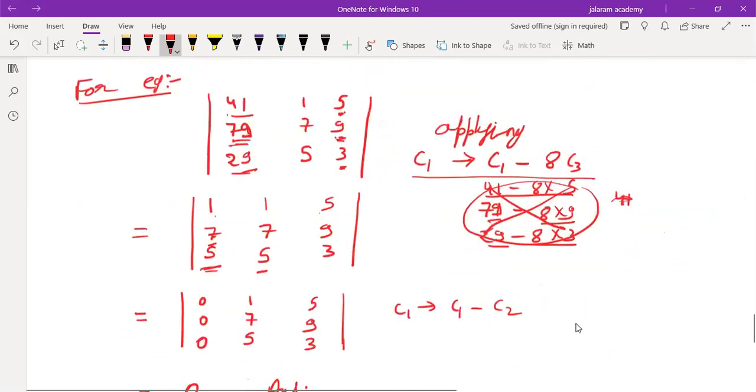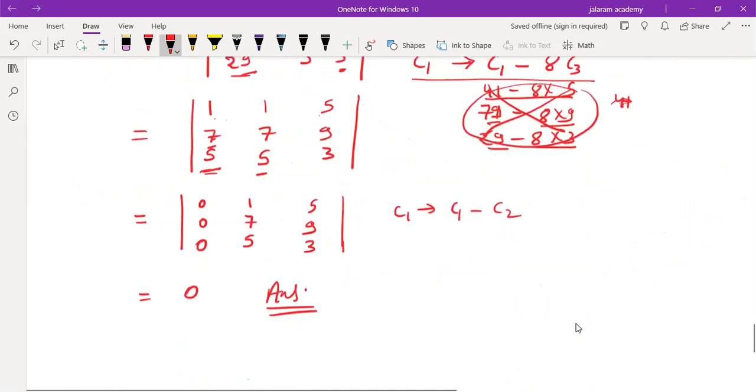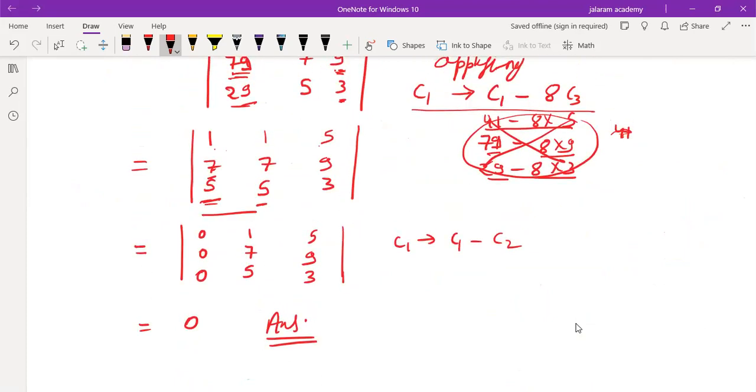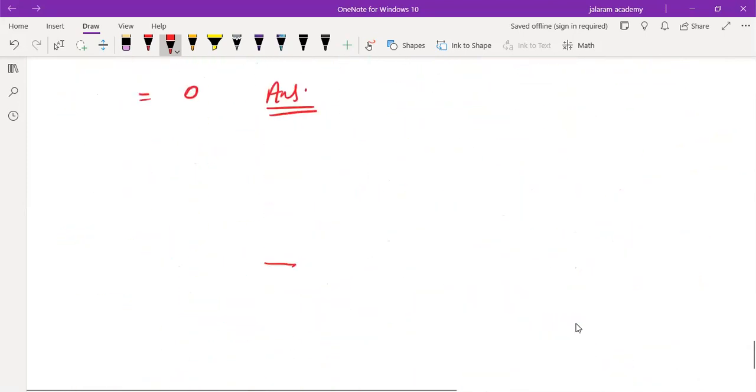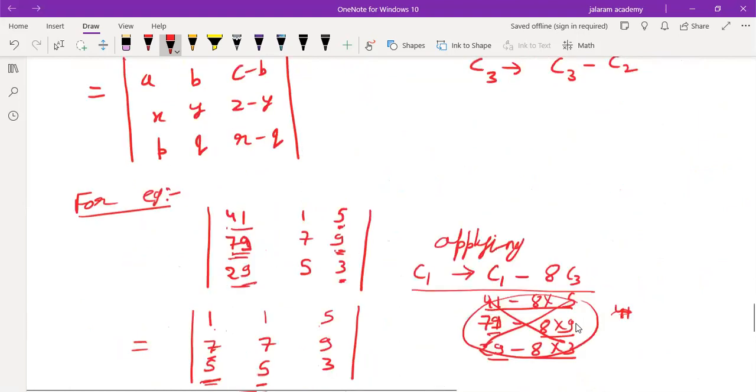So write the next property, and we will now not do this operation. If there are two identical columns or two identical rows, we will directly write that the value of determinant is 0 as it has two identical columns. So this is the fifth property. Write in your notebook.